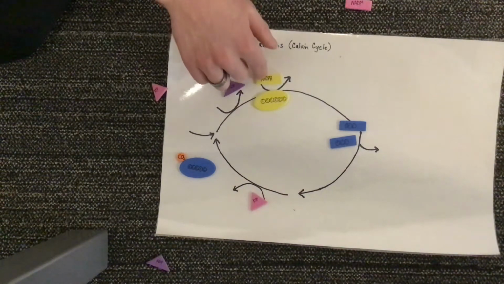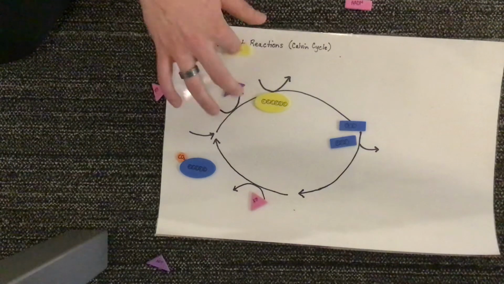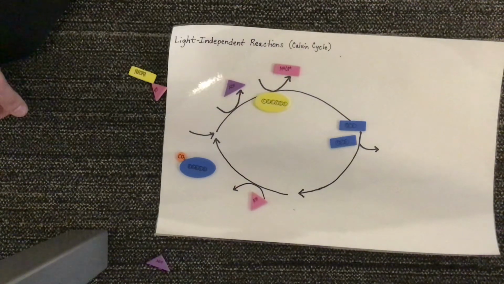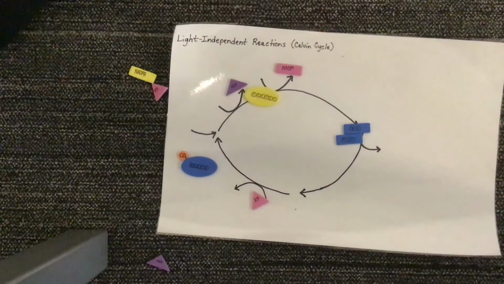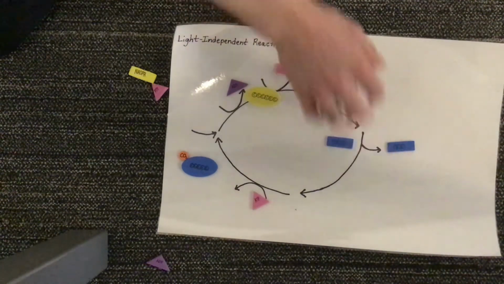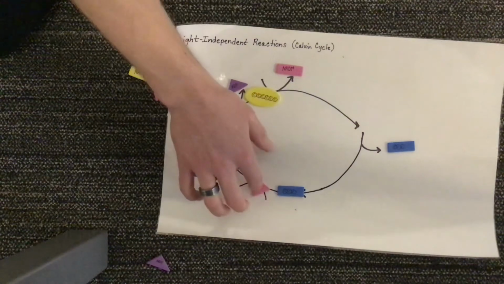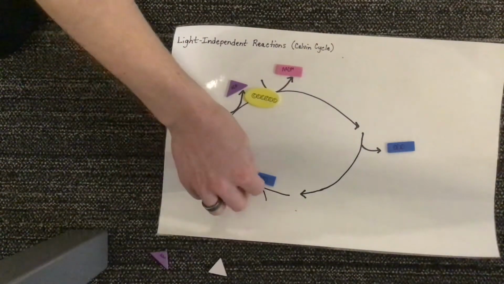Our NADPH is going to come down, hit the 6-carbon molecule, donate one of its electrons again, and give us NADP+. This again splits our 6-carbon molecule into 2 3-carbon molecules, and again, one is going to leave, while the other continues on to be made into a 5-carbon molecule with the help of ATP.